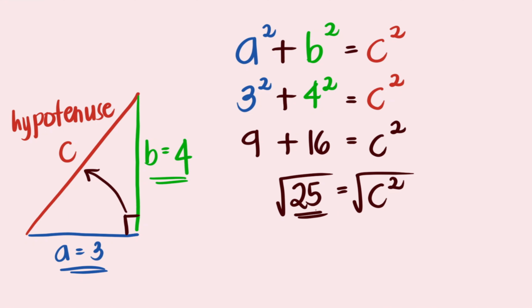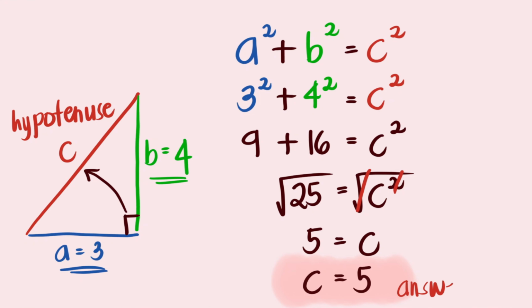Thus, the square root of 25 is 5, is equal to the square root of C squared. Here, the square root and square will just cancel, leaving behind C. In this case, the length of the hypotenuse C is equal to 5. And this is the answer.